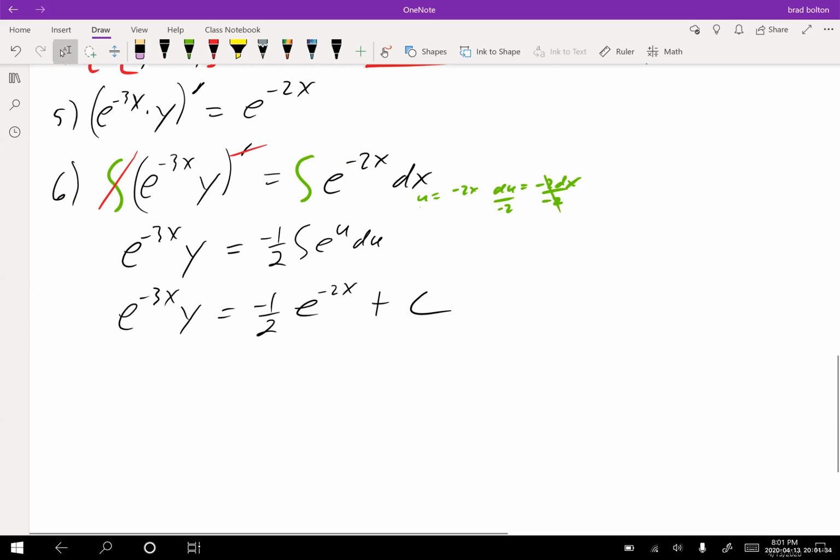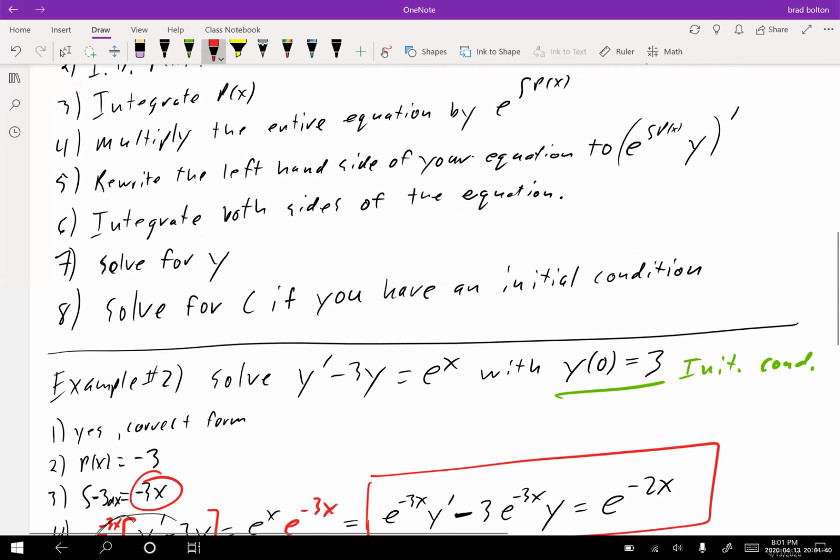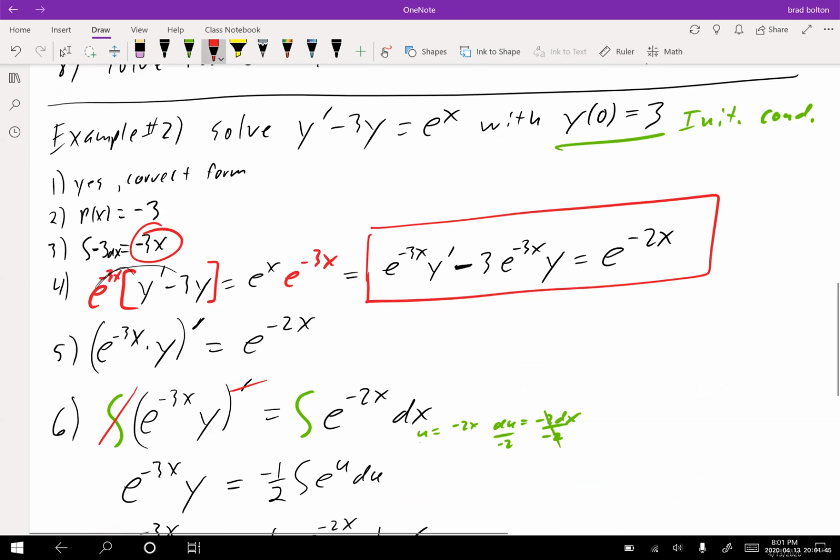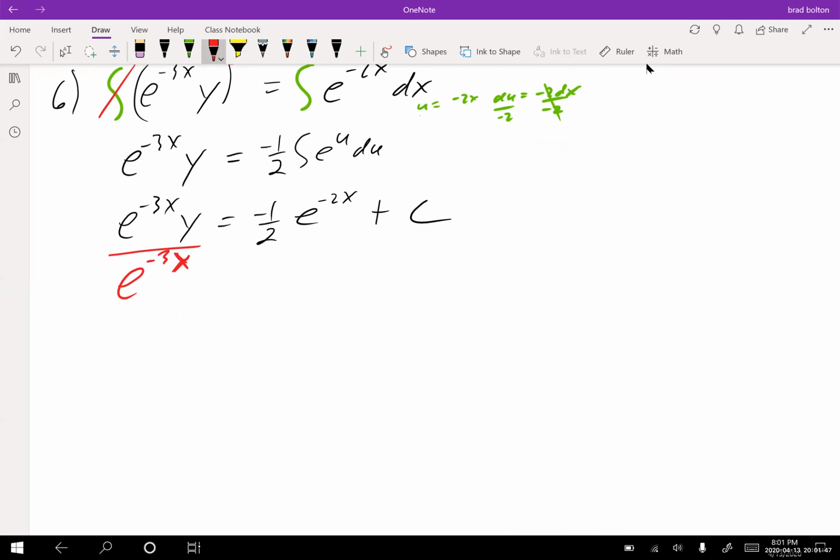So now it's for y. So now I have to divide both sides by e to the negative 3x. I'm just looking at my steps, it says in step 7, solve for y, right? So I'm just going to go through and do that. So this is e to the negative 3x divided by e to the negative 3x. Okay, so that cancels, it becomes 1.